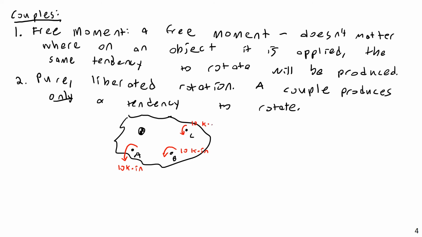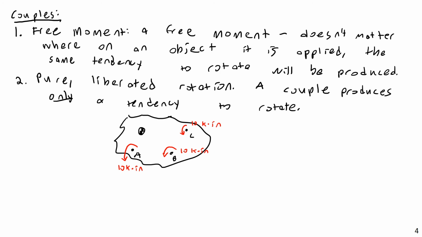In free body diagrams, this is how we show a couple being applied to a body. We don't draw a straight line force, we just draw a curving or rotating arrow. Because it's a curving arrow like that, and because it's labeled in kip inches, I am showing that I am basically applying pure moment to the body.